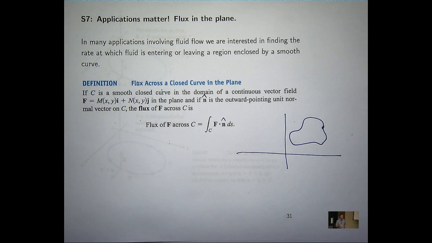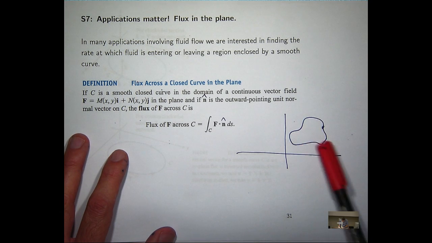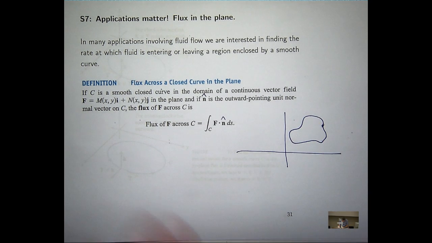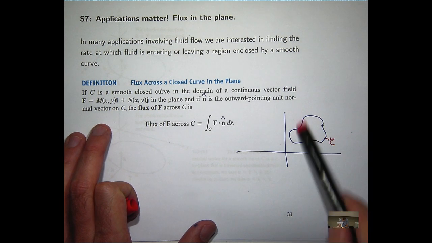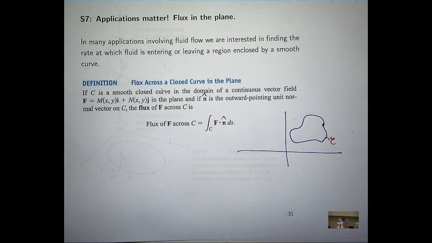And let's say the F vector is, say, the velocity field of a fluid. So there's fluid moving in the plane. Suppose I want to measure the flux out of that enclosed region. How do I measure it?